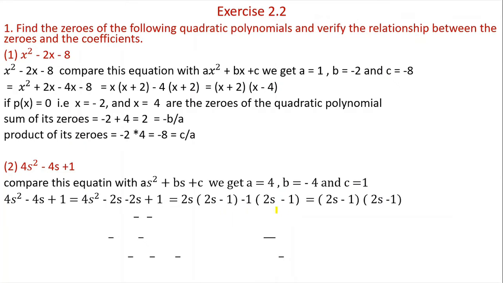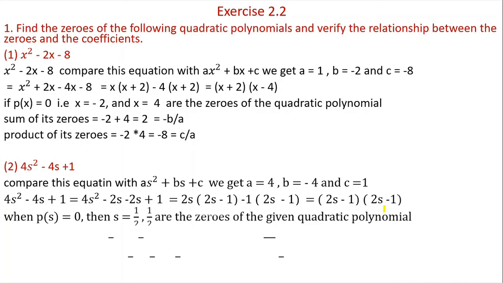So again from these two, I am taking 2s minus 1 as common, then I am getting 2s minus 1 into 2s minus 1. So if I equate this expression to 0, then I am getting the values of s is equal to 1 by 2 comma 1 by 2. So for the values of s, that is 1 by 2 comma 1 by 2, we are getting the expression 4s square minus 4s plus 1 as 0.